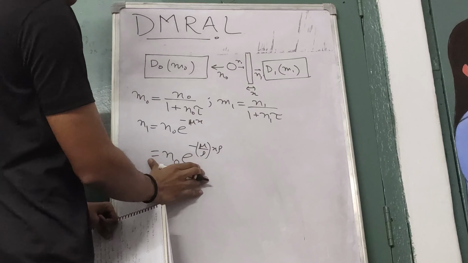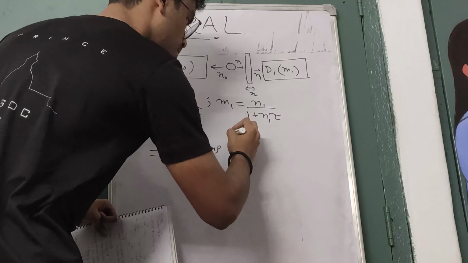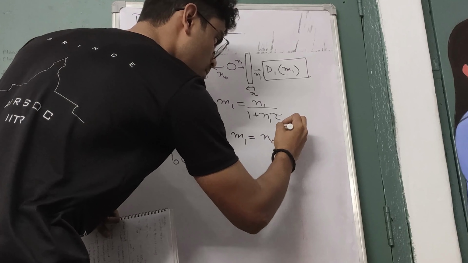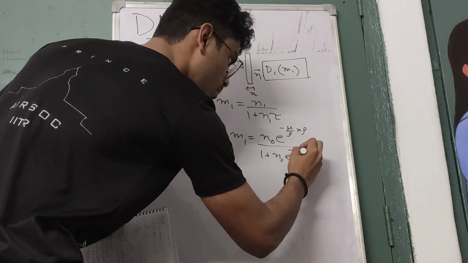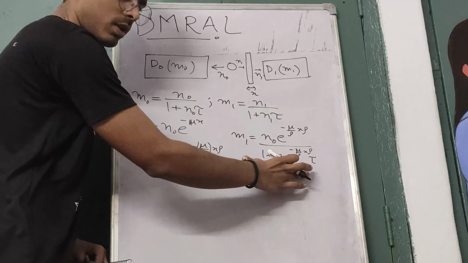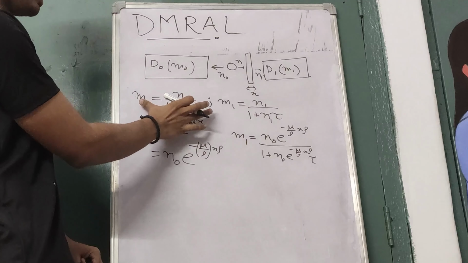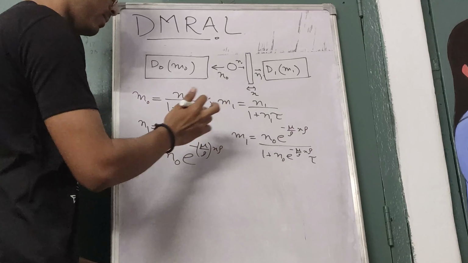So after substituting this into this, we'll get a new expression for M1, and we have an expression for M0. Now we are going to take the ratio of these two, M0 and M1.